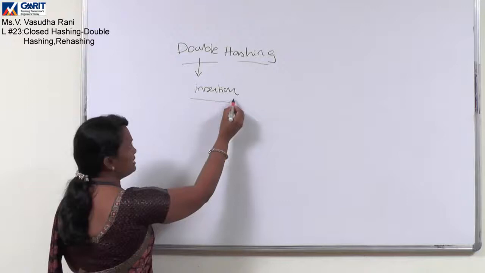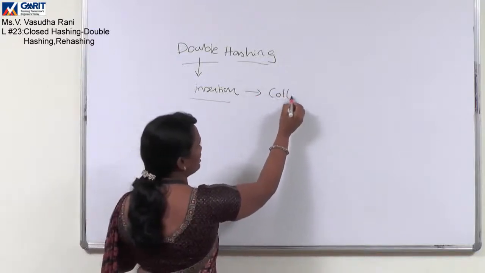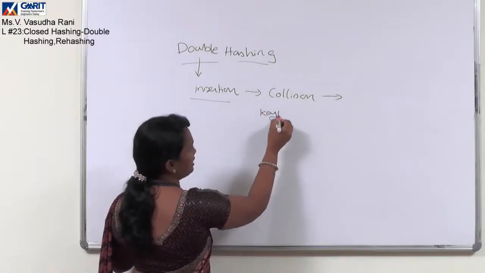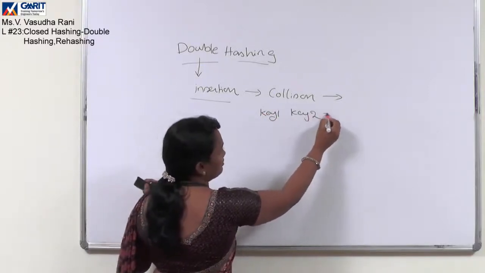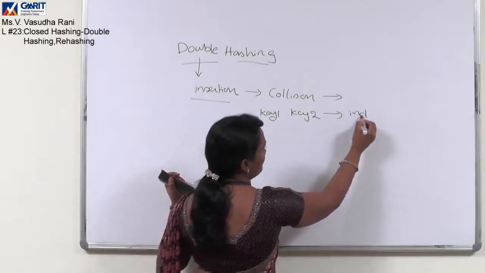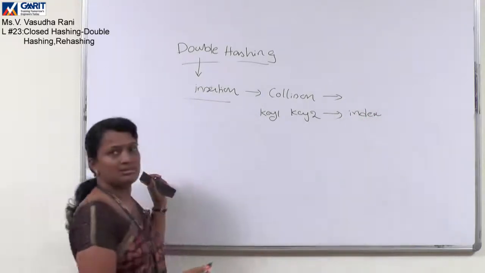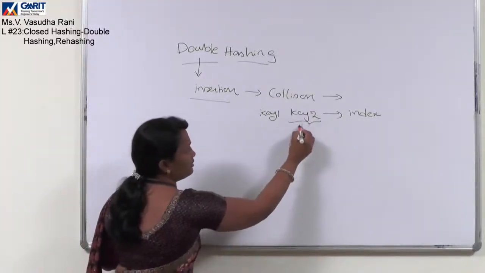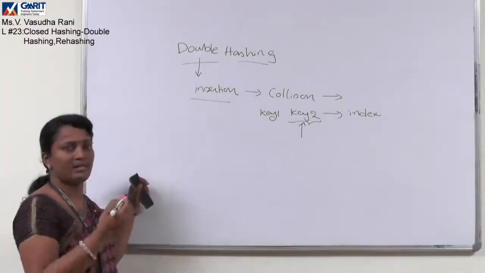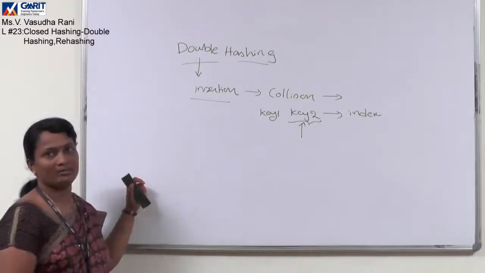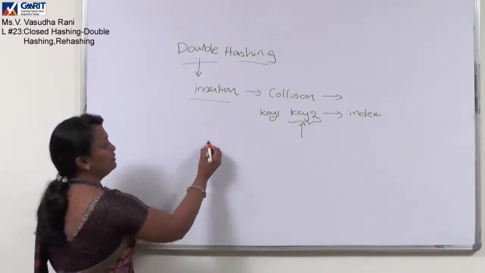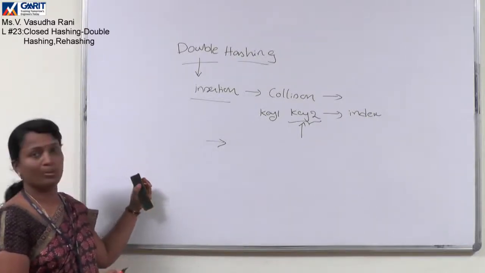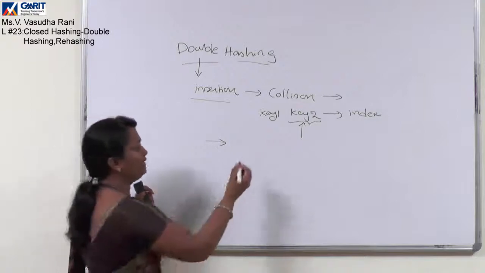So while doing this insertion, if any collision occurs for two different keys generating the same index, then for the second key we need to find a second location to accommodate key 2.